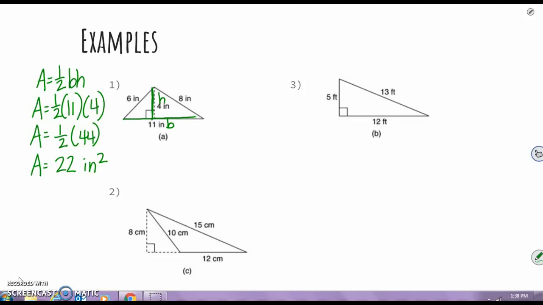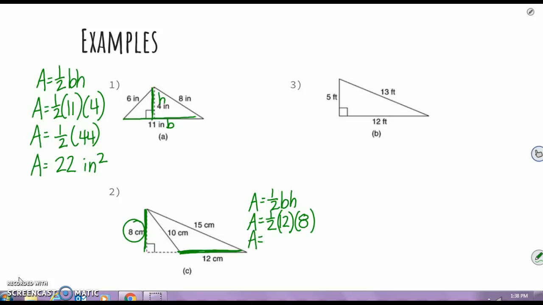Look at number 2. Again, area equals 1/2 base times height. So what do you think the base and the height are for this figure? If you look, the base is along the bottom of our triangle, which is 12 centimeters. The height is formed by a right angle, which is 8 centimeters.